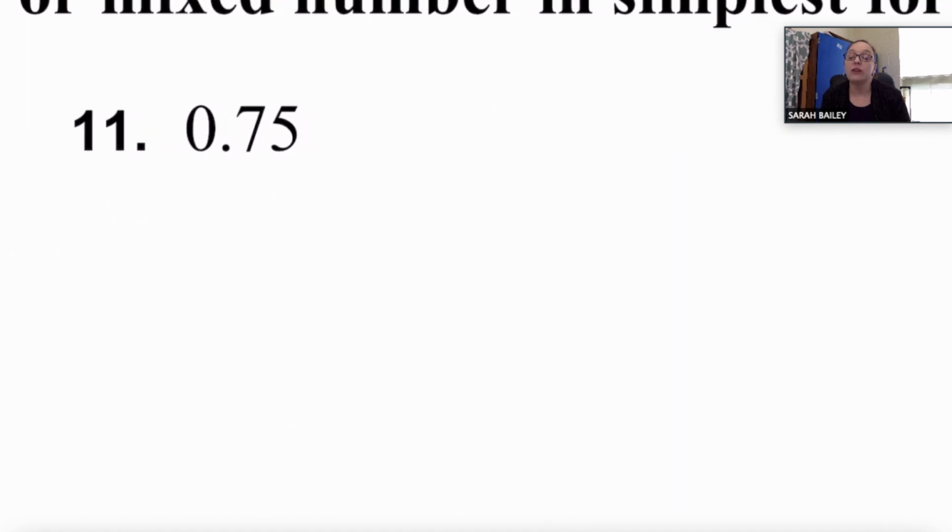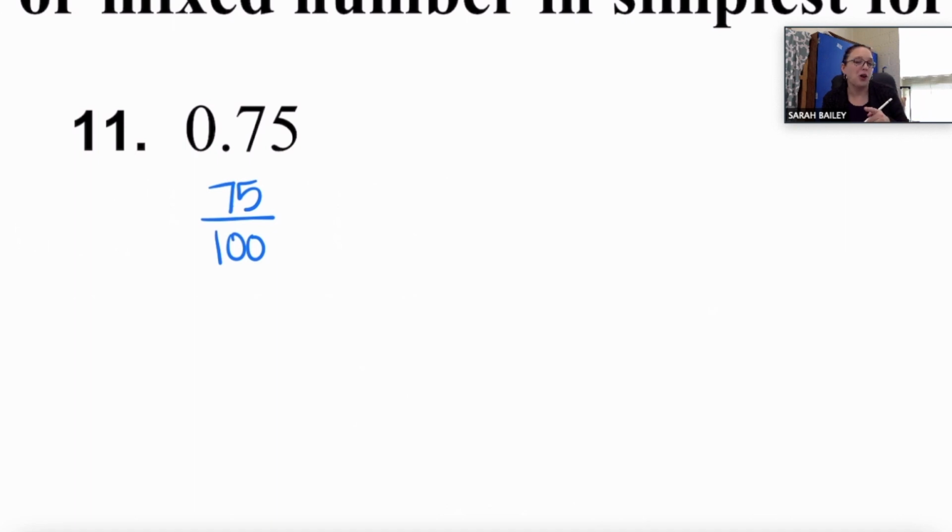So again, we're going to read the decimal in the correct terminology, not 0.75. This is 75 hundredths. So 75 hundredths means 75 over 100. And now we can simplify. Well, they're both divisible by 5 because any number that ends in 5 or 0 is divisible by 5.